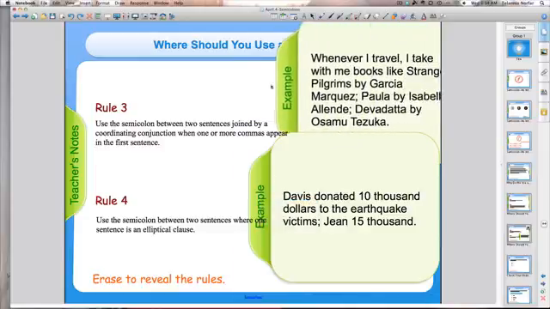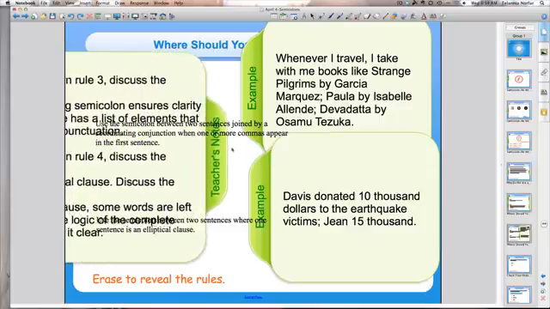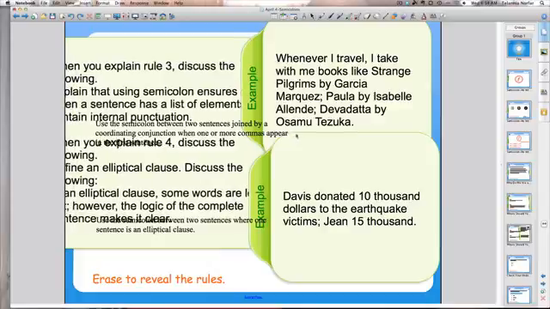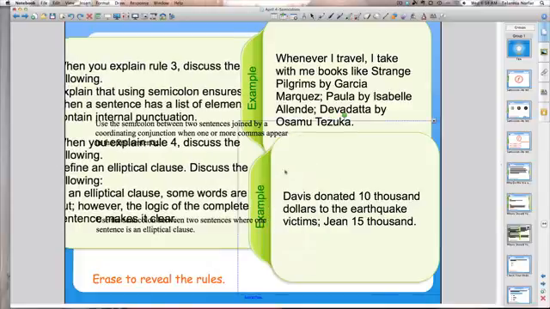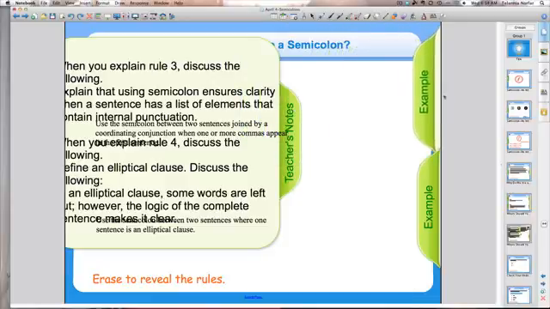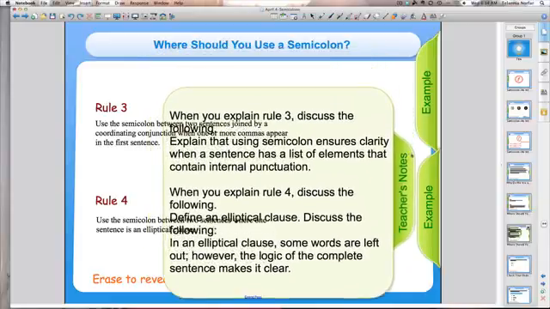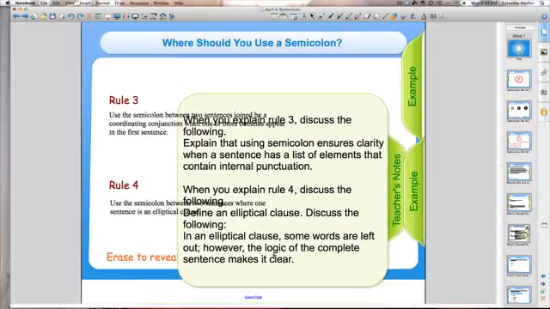Again, unpause the video when you are done writing these two examples underneath each rule. Okay, I just want to point out a special note that in an elliptical clause, some words are left out. However, the logic of the complete sentence makes it clear.